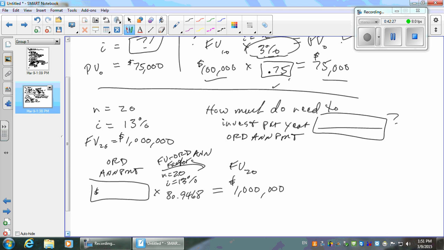At 13% for 20 years, what does a dollar grow to? What's that number? 11.5231. Yeah, $1 turns into $11.50. Got the idea? Go back to 10 years, which is the only one we got there. What do you have? It only grows to what? 8?